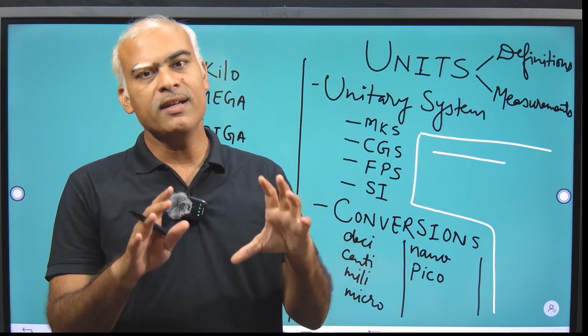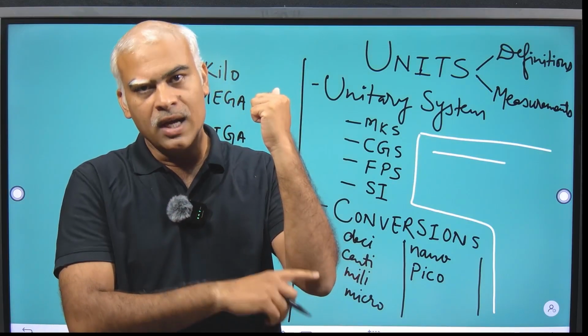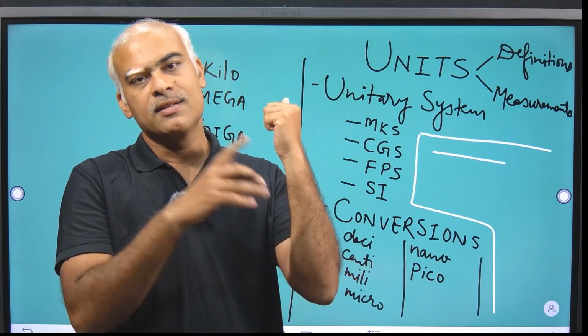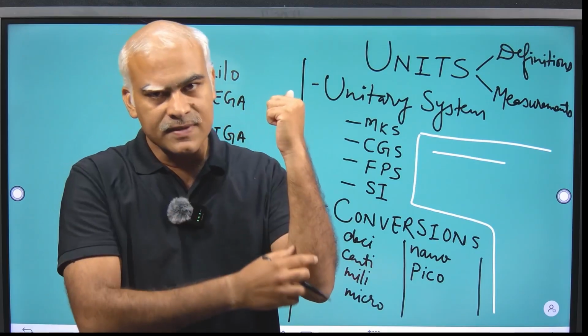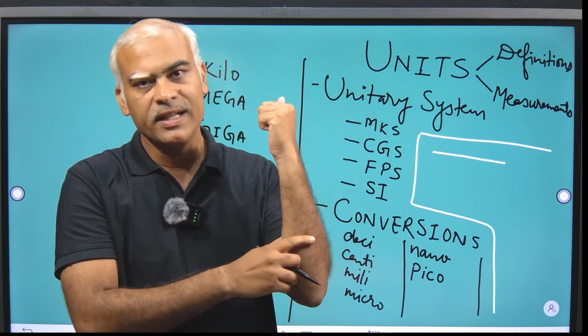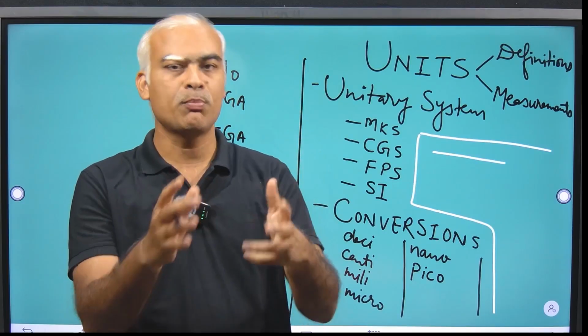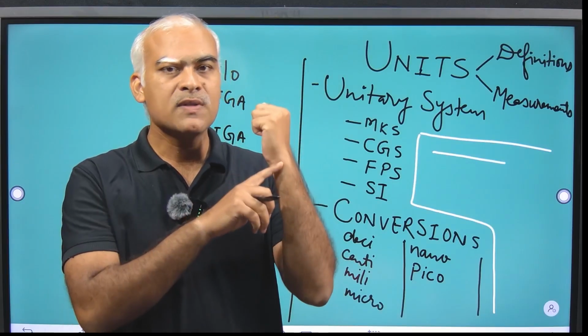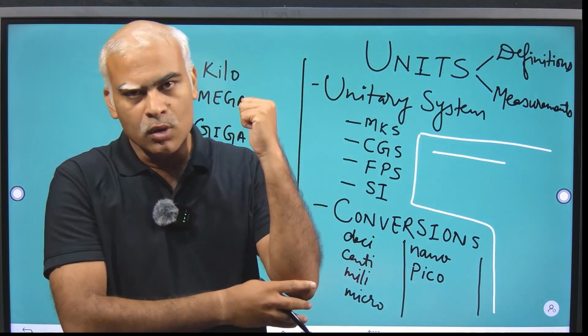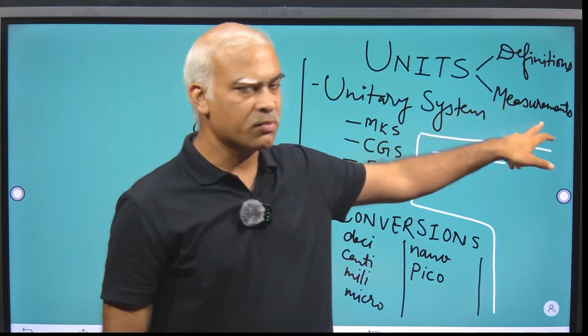So this elbow, which he takes as a reference of 1 foot, is basically the unit for that particular shopkeeper, and the process of comparison with the elbow is known as measurement.